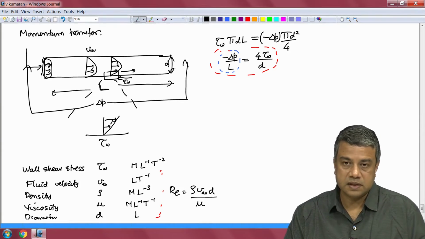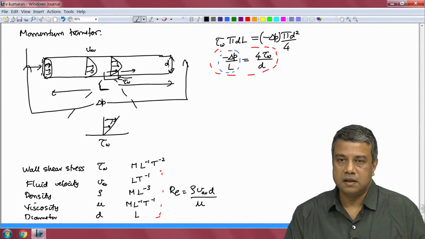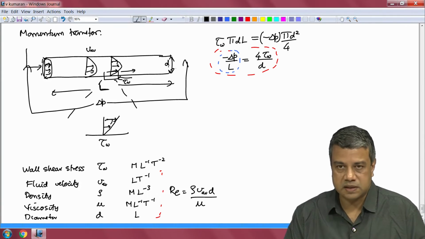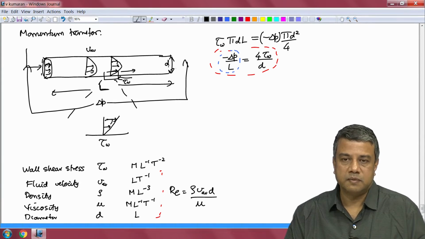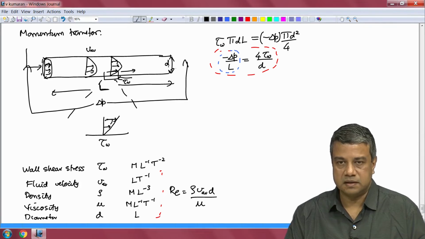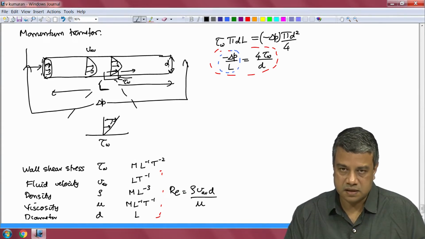That is not how it is conventionally done. If we use the right side of Newton's law to scale the wall shear stress, then we would be scaling it by the viscous scale. What is conventionally done is to scale this by the inertial scale.